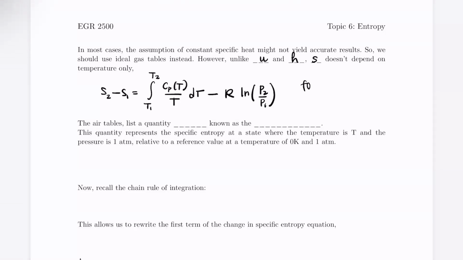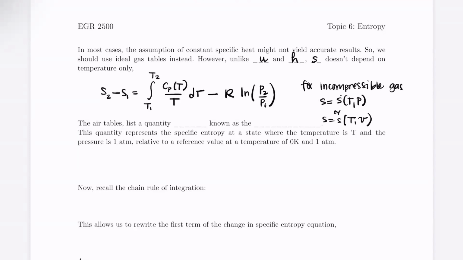And for an ideal gas, we have that entropy is a function of temperature and pressure, or we can write this as a function of temperature and specific volume.